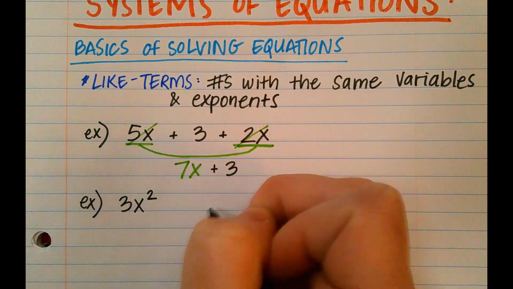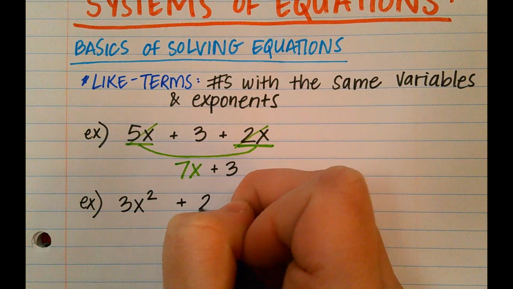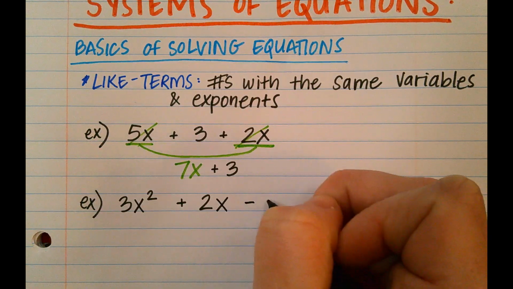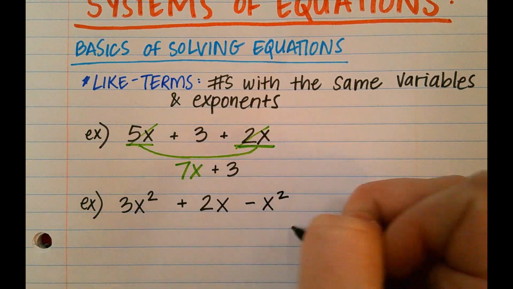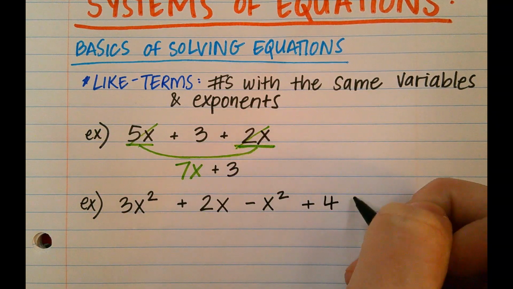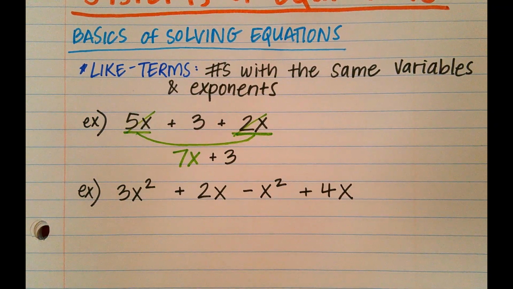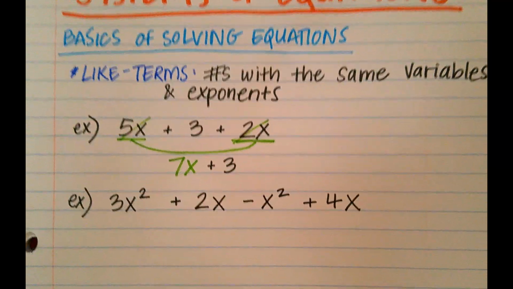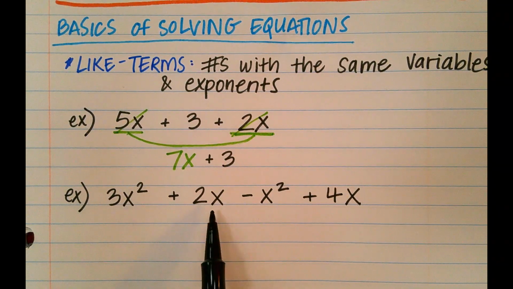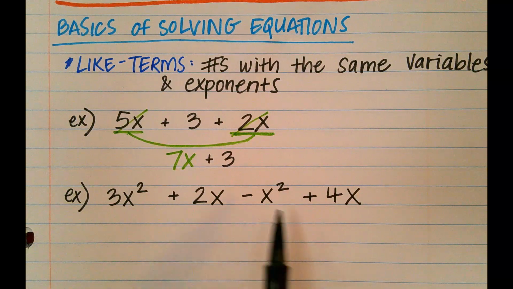How about 3x squared plus 2x minus x squared plus 4x? Okay, so there's 4 different terms here. 3x squared is a term. 2x is a term.